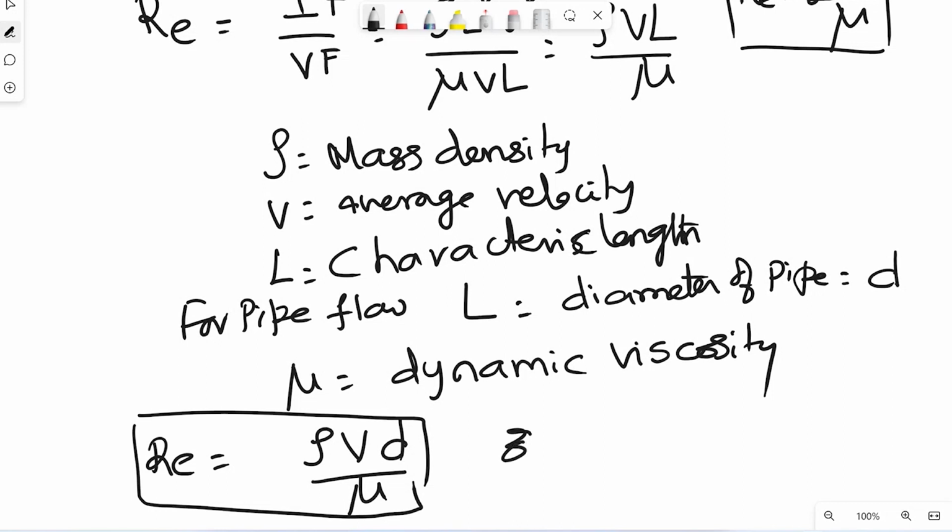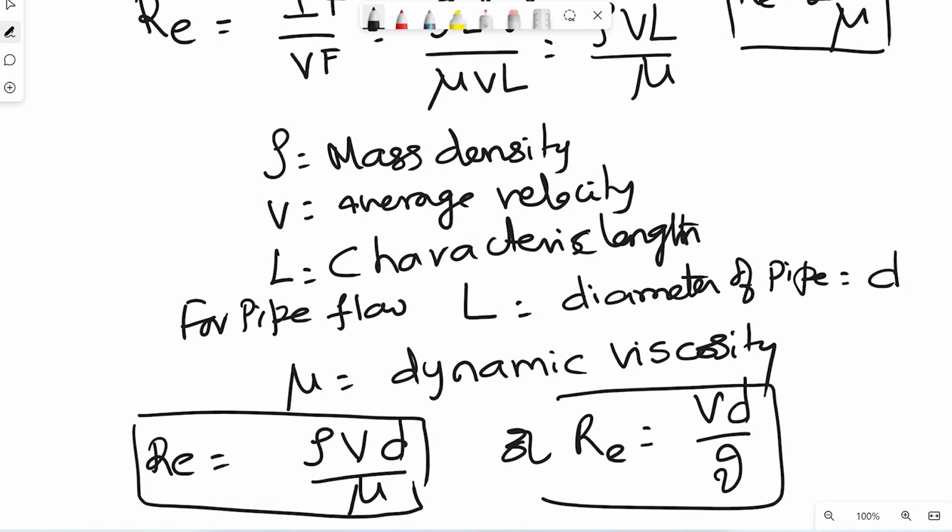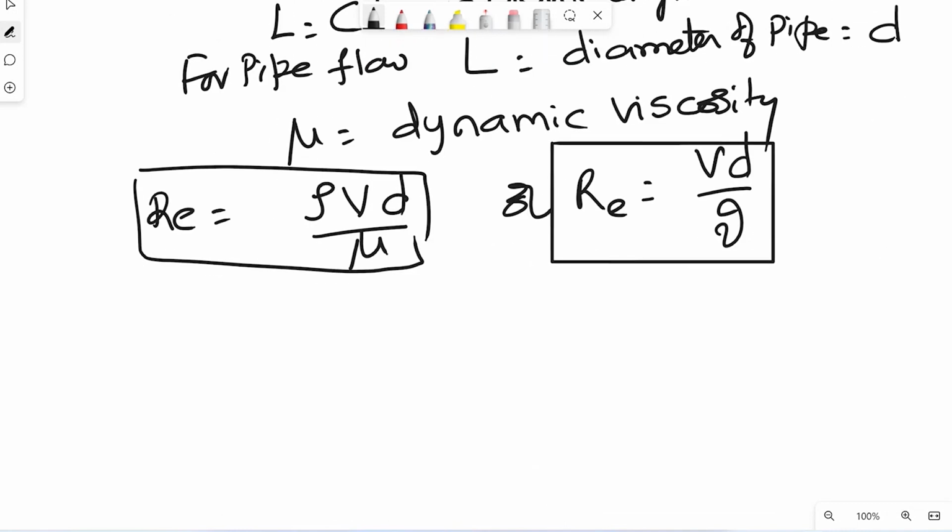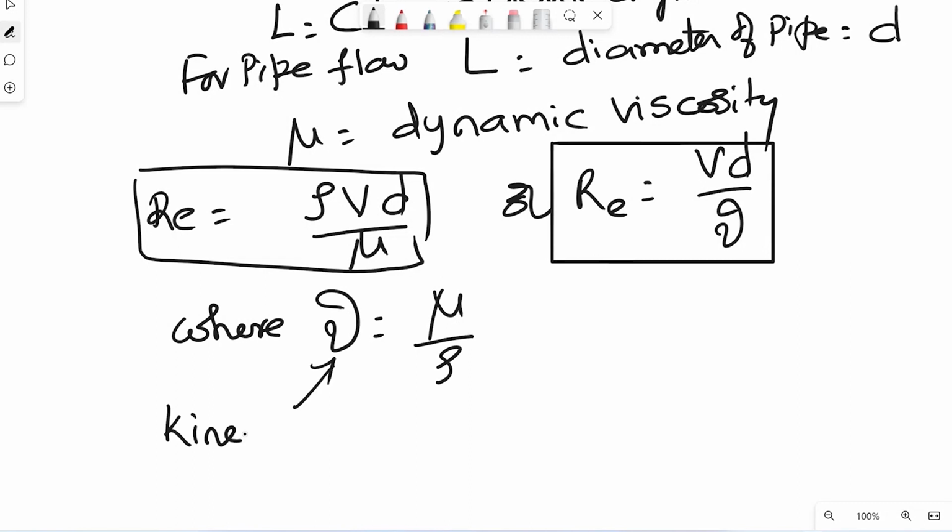This is also called Re is equal to V d by nu, where nu is equal to mu by rho, which is the kinematic viscosity. And we know already that kinematic viscosity is equal to mu by rho.